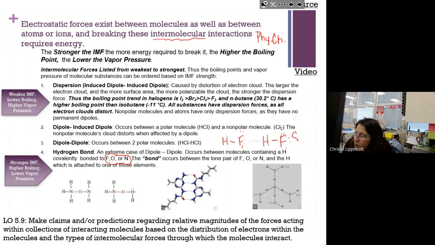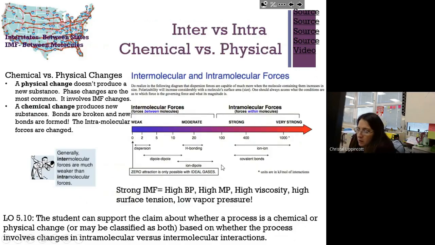This end of the molecule is going to be negative. This end is positive. And so the negative end of this one is going to be attracted to the positive end of this one. That makes sense? Yes. Okay. All right.